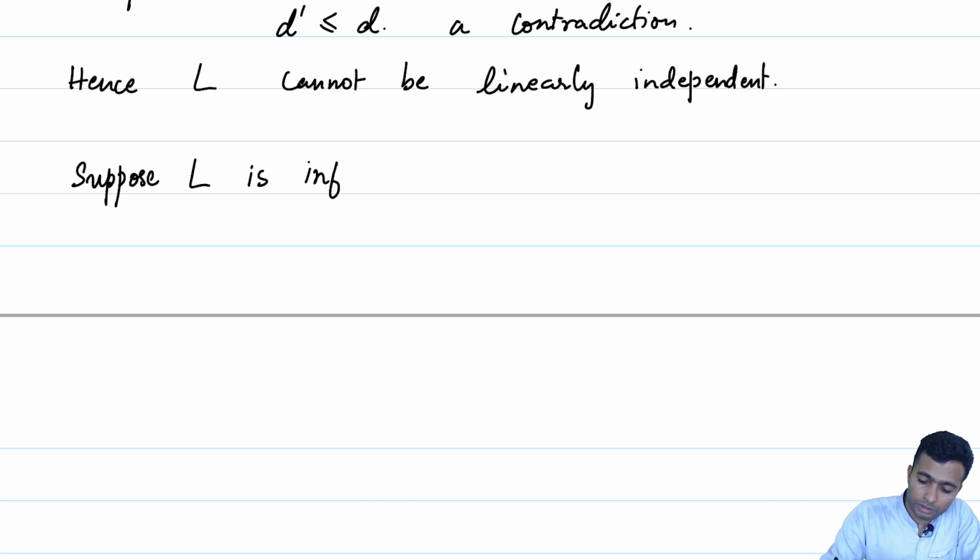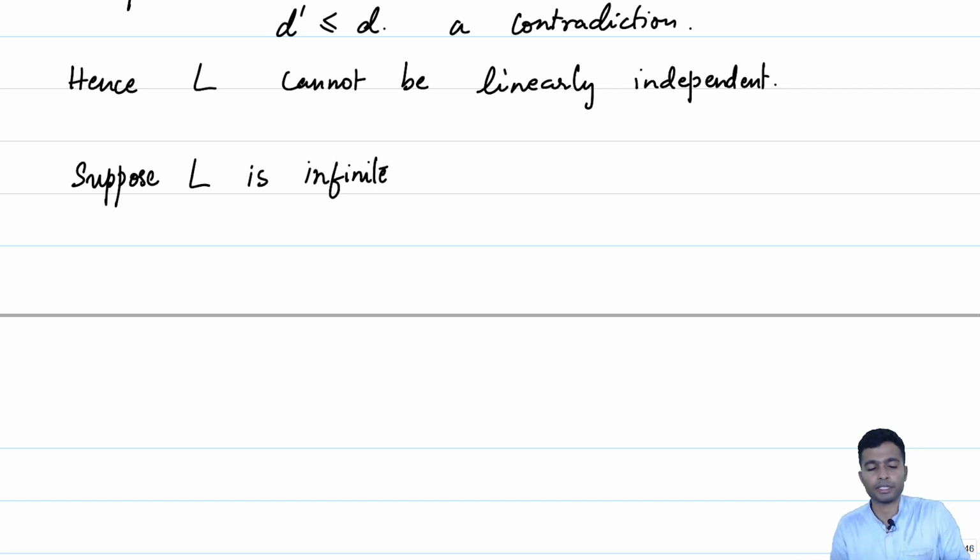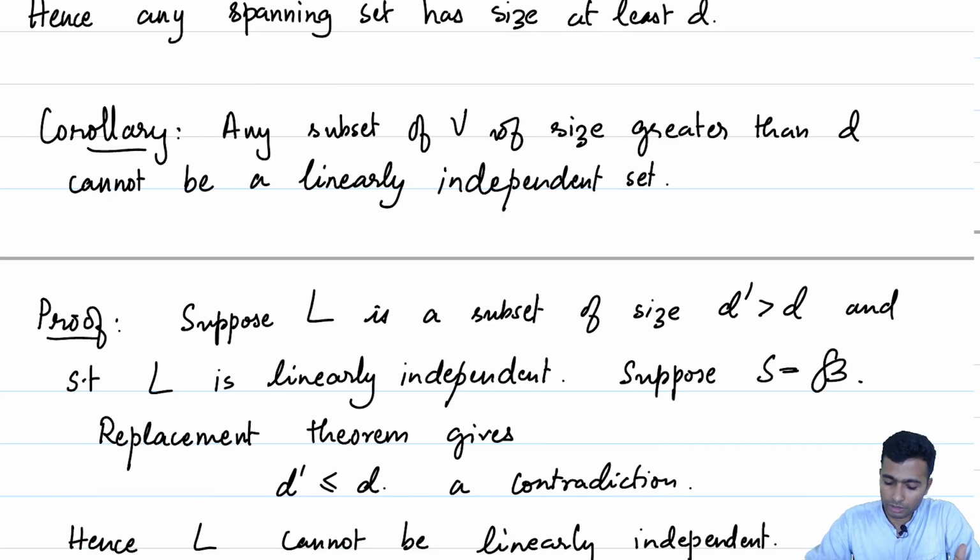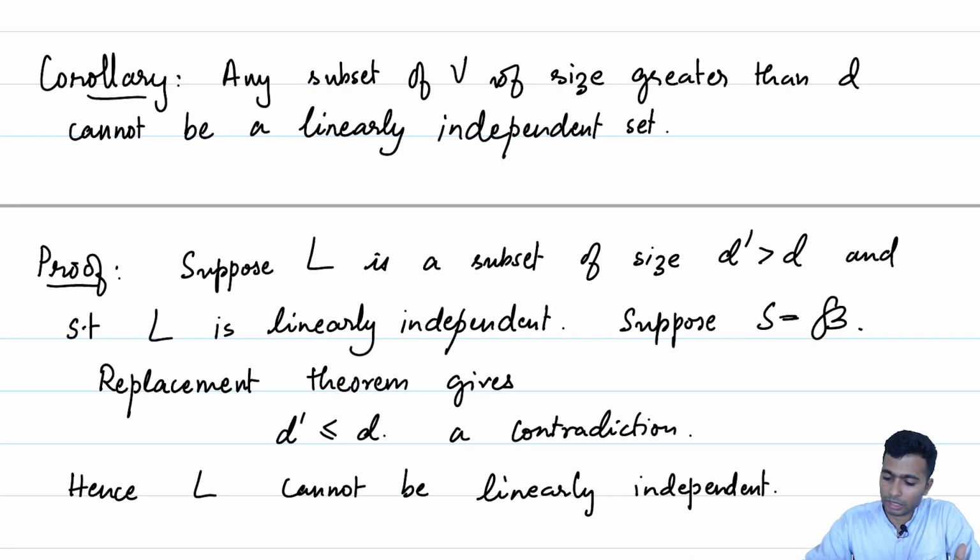If you notice, the replacement theorem has in its assumption that the size of the linearly independent set is finite, the size of the spanning set is finite, and then we conclude that the size of a linearly independent set is less than or equal to the size of the spanning set. But it was not said in the statement of the corollary that it is finite. It is just saying size greater. It could have been an infinite set.